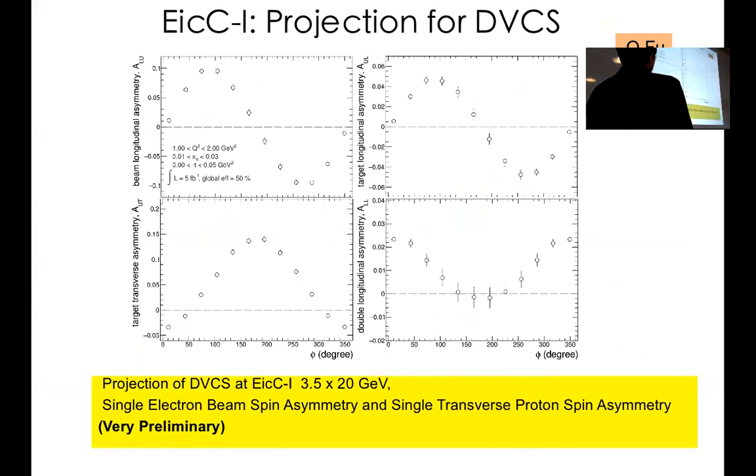And for DVCS, let's try to see if we can do this. One is single electron beam asymmetry, and also look at target transverse target single spin asymmetry.